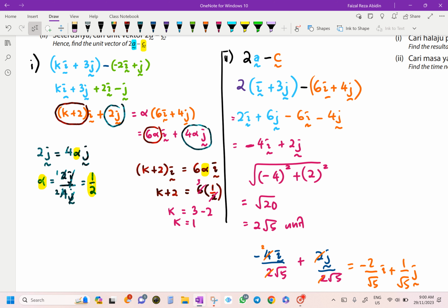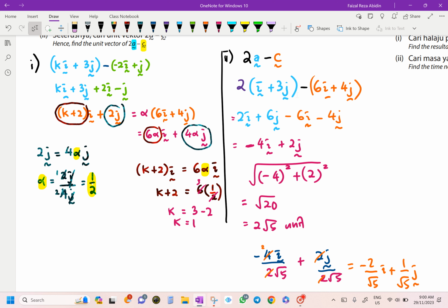It means that 3i moves on our x-axis to the right side, sorry. The diagram already shows that. Okay, find the resultant velocity of the boat in terms of i and j.